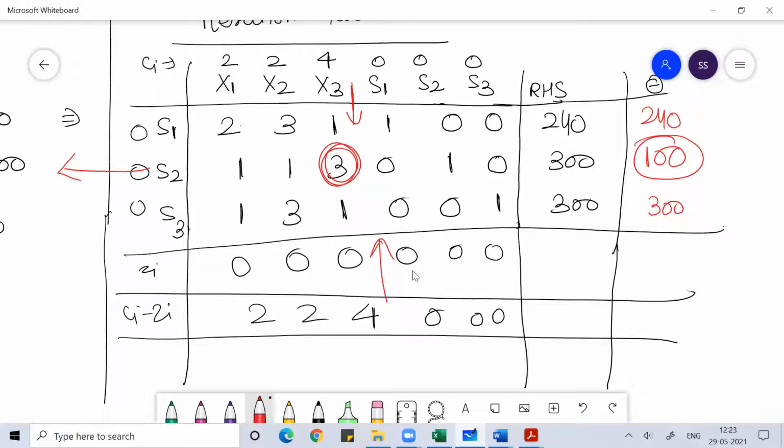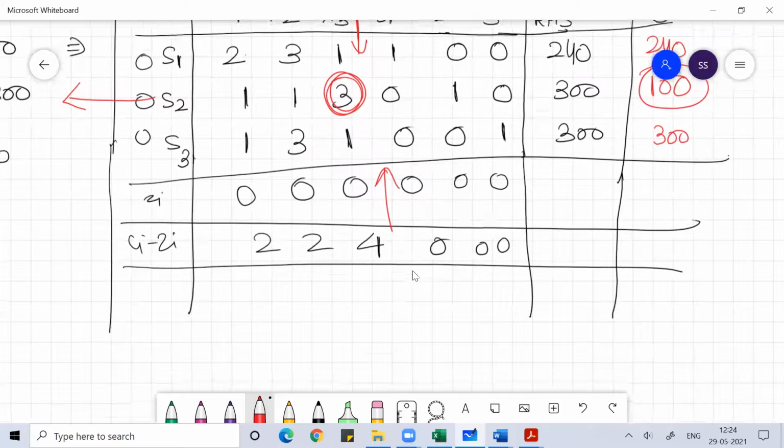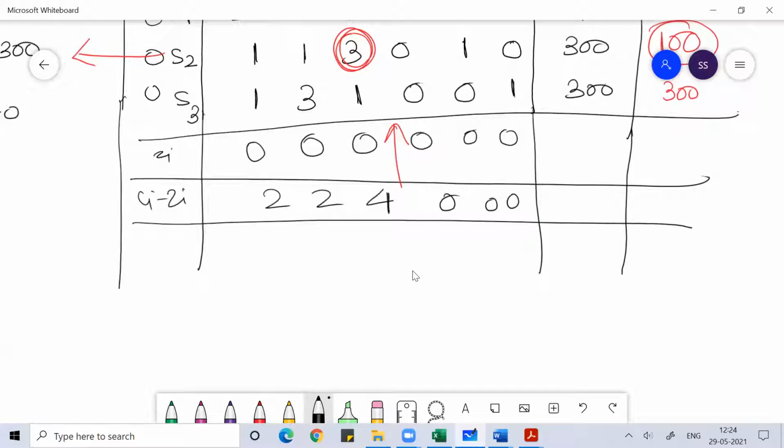Okay, everyone, any doubt? So once we are done with this, in place of S2, I'll write X3.